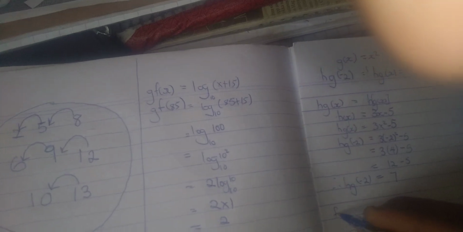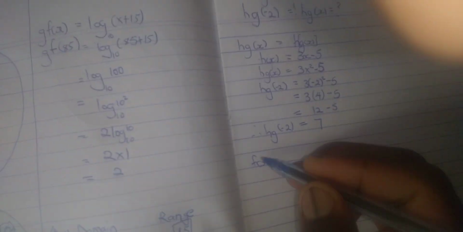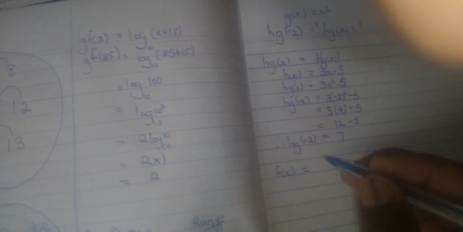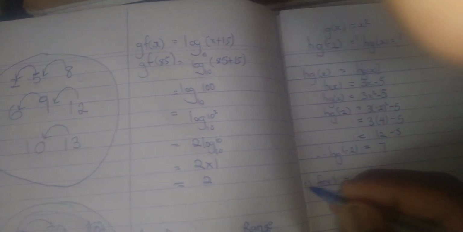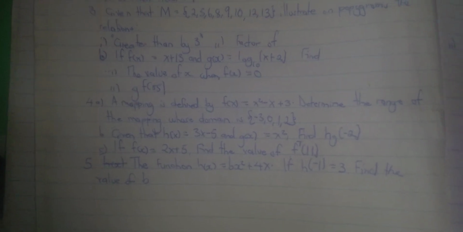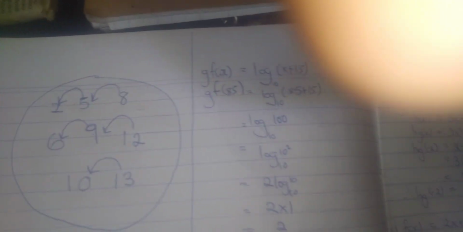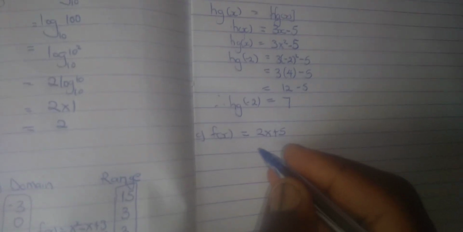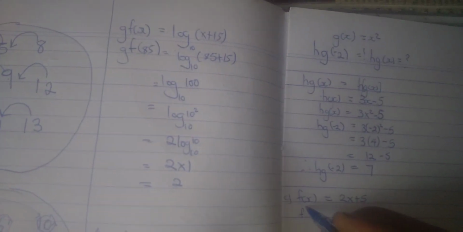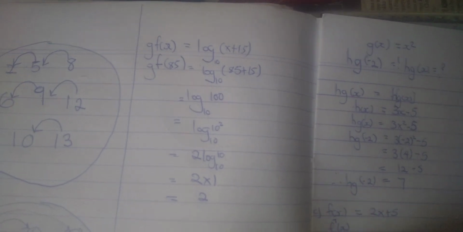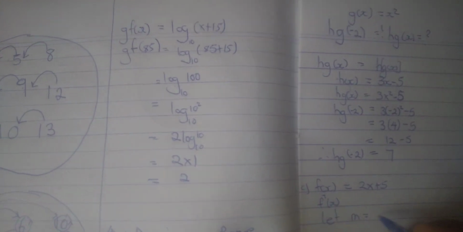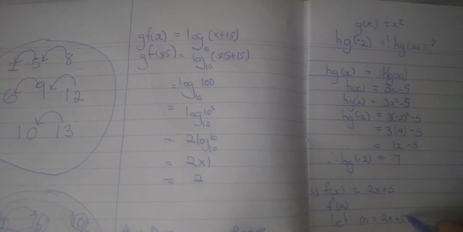Our f of x was given as 2x plus 5, in part C. So we let m equal 2x plus 5, then we make x the subject.